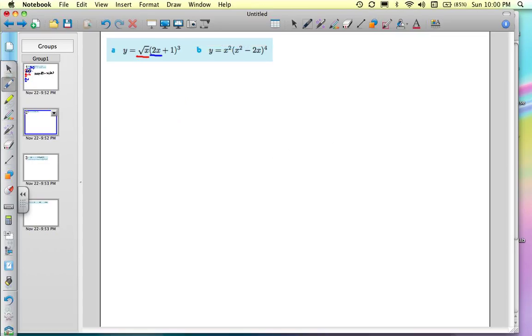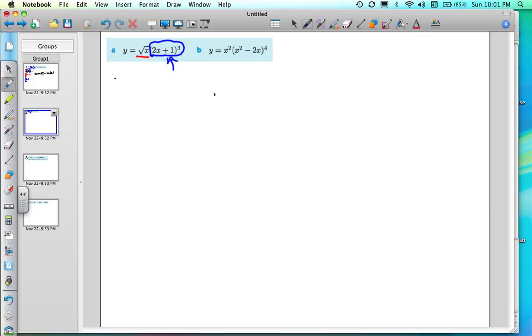And here's the second function. Now, if you remember our talk about the chain rule, you'll notice that when we take the derivative of the second function, we're going to have to use the chain rule. But this isn't a difficulty, especially if you've learned the chain rule. Okay, so let's start out.